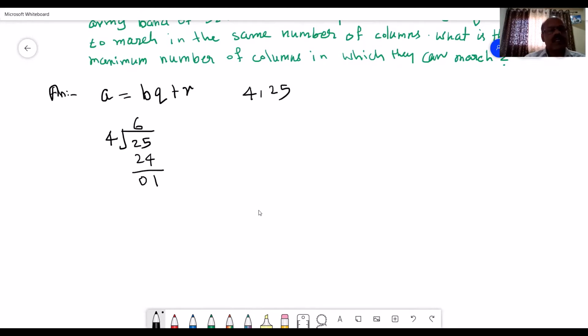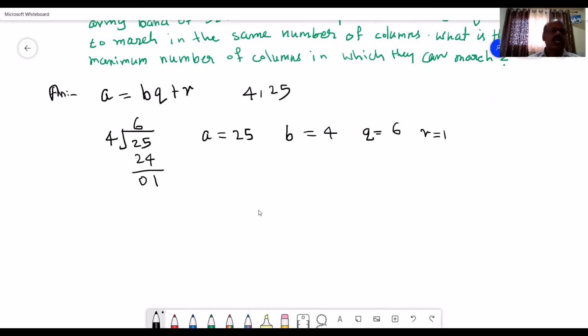With these two numbers, 4 and 25, and with the help of this division procedure, I will tell you what is represented by a. Here a means 25, b means 4, q means the quotient that we are getting, that is 6, and r means 1.